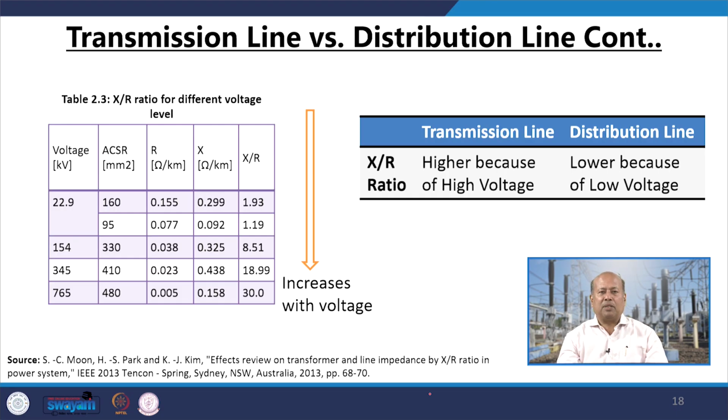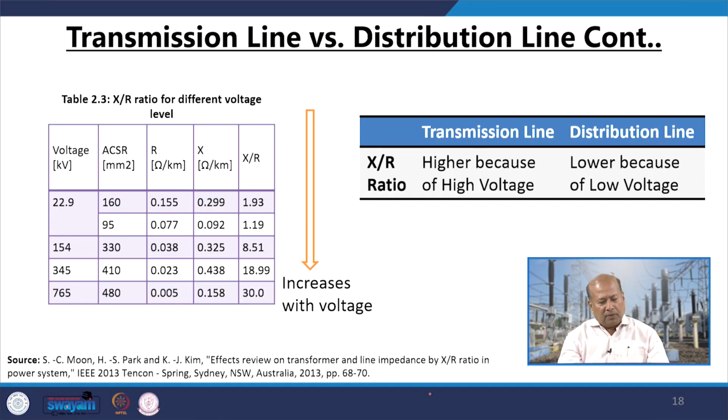Once again, I request all the participants to take notes, because this is very, very important. You must have heard about the ratio R upon X or X upon R. Based on those ratios, we identify which line or cable belongs to transmission, or which line or cable belongs to distribution.